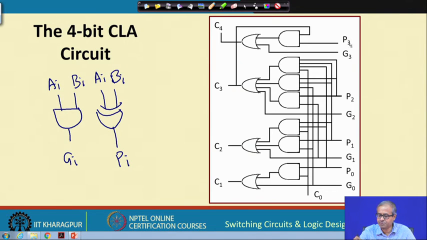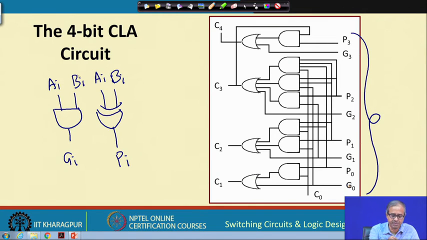So, I am assuming all these propagate and generate signals have already been generated. This can be done in parallel, all the stages can generate the Pi and Gi in parallel. Then for the carry generation, I need this circuit.